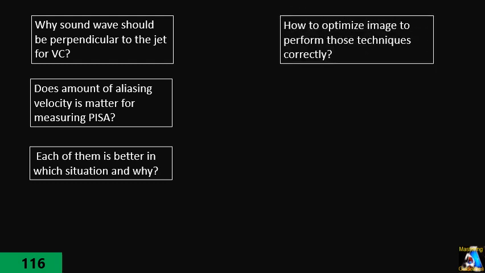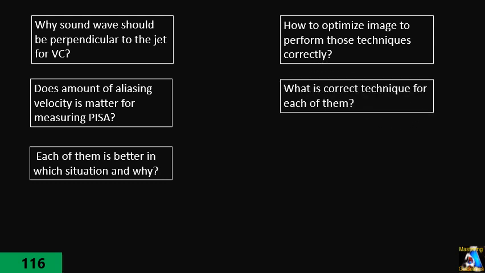How do we optimize our image to perform those techniques correctly so the result will be reliable? What is the correct technique for each of them? That is another question. And finally, what about the VC? What do we have to consider in VC? Let's find the answer to all of them.